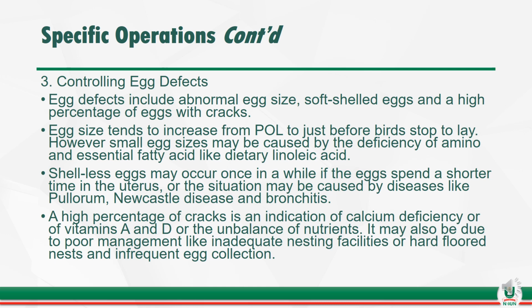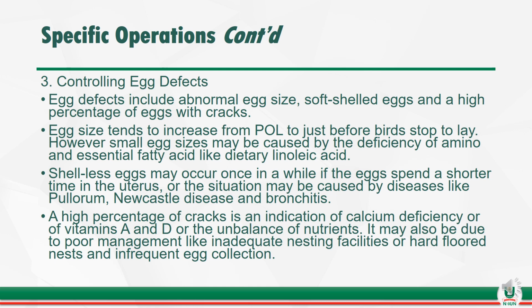However, small egg sizes may be caused by the deficiency of amino acids and essential fatty acids like linoleic acid. Now, shell-less eggs may also occur once in a while if the eggs spend a shorter time in the uterus, or the situation may be caused by diseases like Newcastle disease and bronchitis.